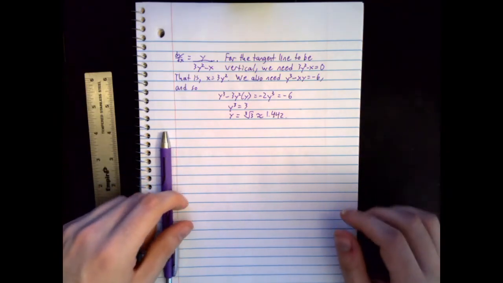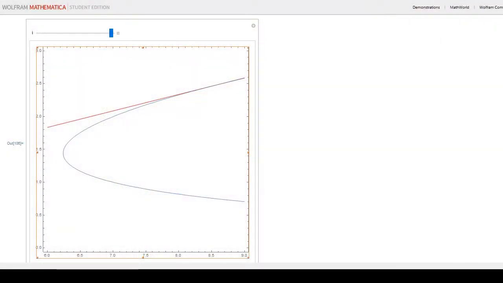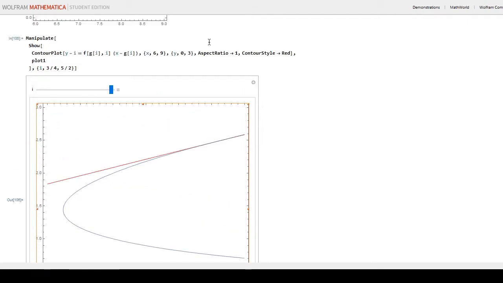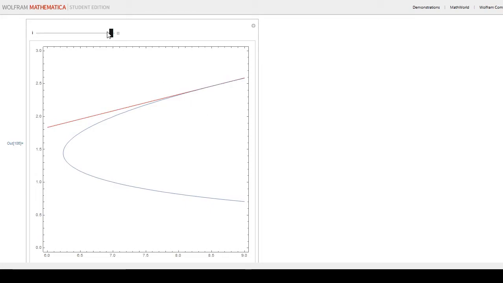And I think it's nice to maybe see the geometry of this. So through the magic of video editing that I should have been doing in my lectures a long time ago, I can transition to this. And this blue graph here, if I scroll up, I've got some code that's producing this graph. And this red line is the tangent line to the graph of that implicit relationship, y cubed minus xy equals -6.